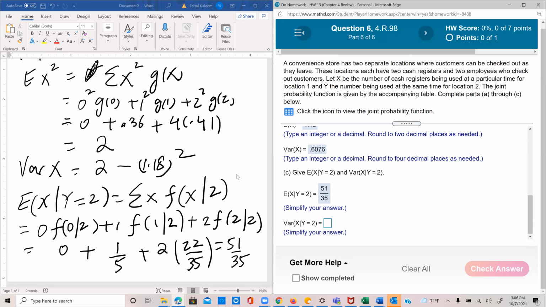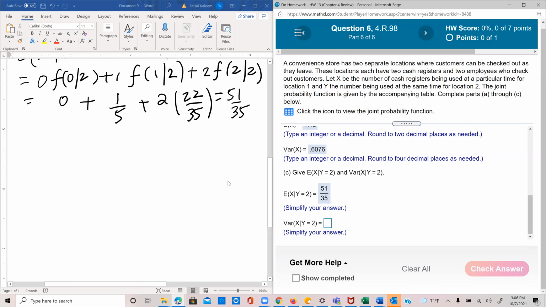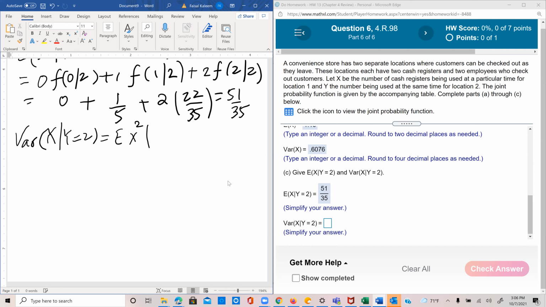Now variance of x given 2. Variance of x given y is equal to 2 would be the expected value of x squared given y is equal to 2 minus E of x given y is equal to 2.